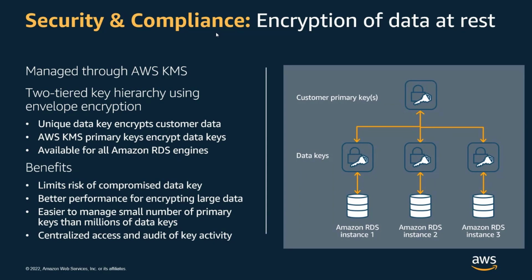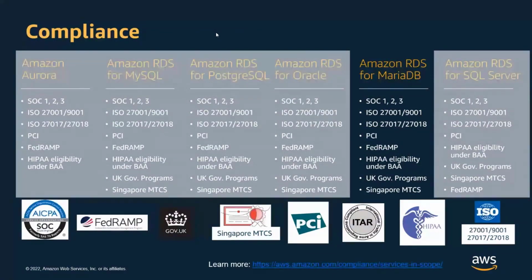And finally, let's talk compliance. AWS takes responsibility for compliance of the RDS service and the infrastructure related to it. And you, as the customer, take responsibility for your application on AWS. RDS for MariaDB is authorized for several compliance protocols, as you see listed on the slide in front of you.